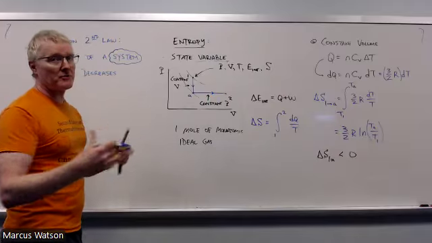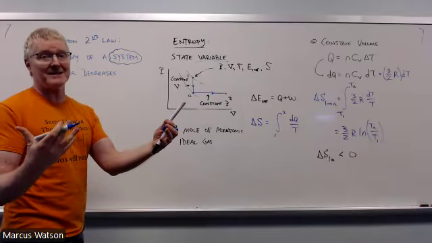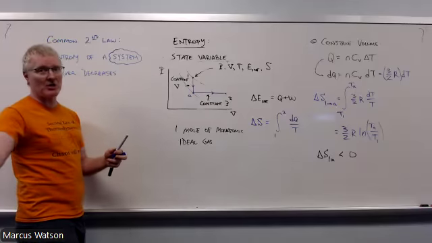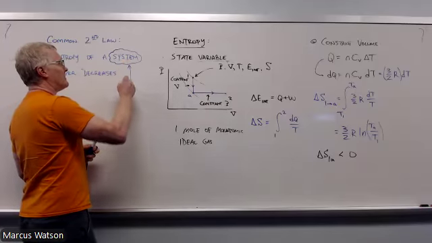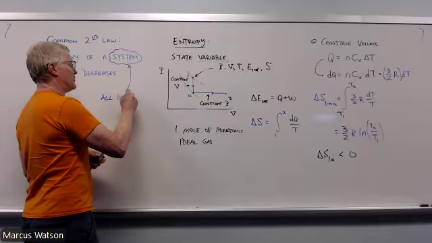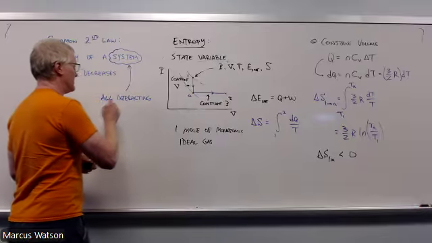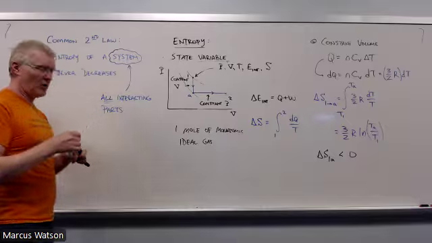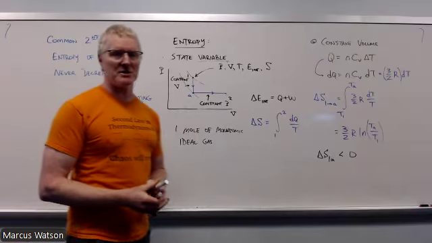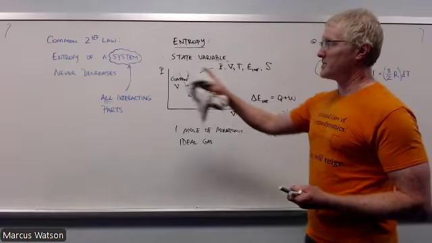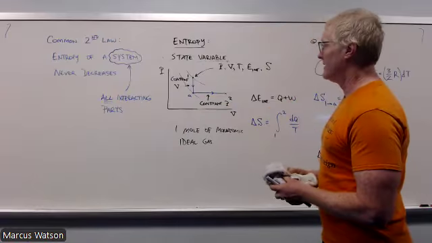And if you have a heat transfer, you have two pieces to think about, right? Where the heat came from and where the heat is going. And therefore, you have to be careful with this. It has to be all the interacting parts. You can't just decide to not look at something, especially if you want to apply that law.